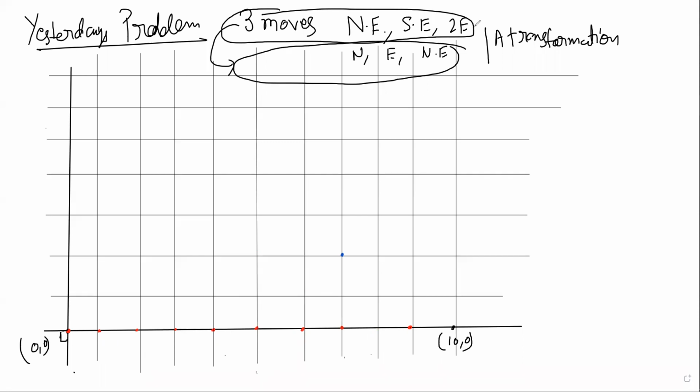So let's see. Okay, so first I'll say take a path. So step one, take a path in problem one. So this is problem 1, the problem that we have. Let's draw one simple path.